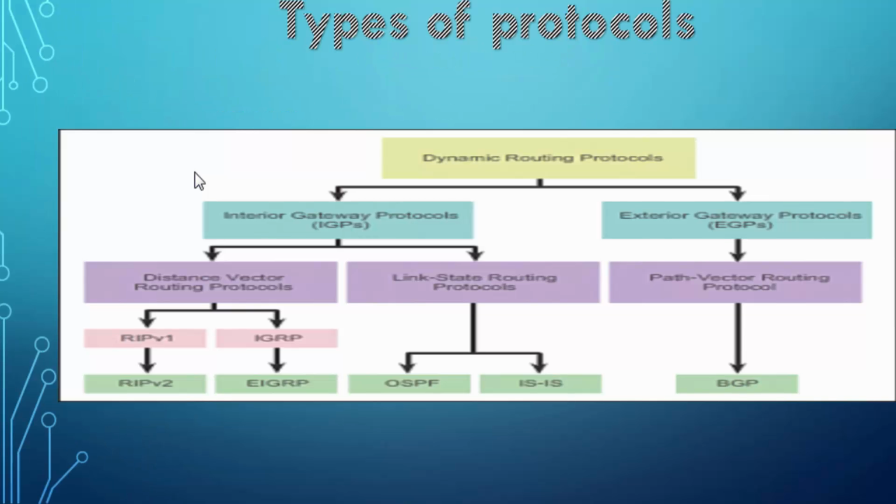We can see over here another way so people can understand the different IGPs and EGPs, the distance vector, link state routing protocols and path vector routing protocols. Got it? Yes.